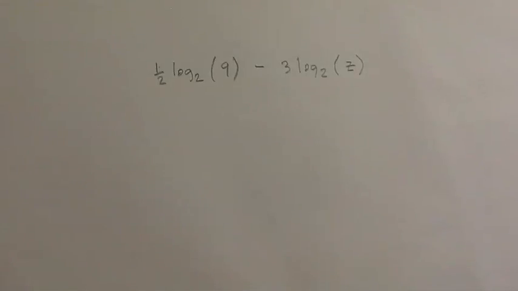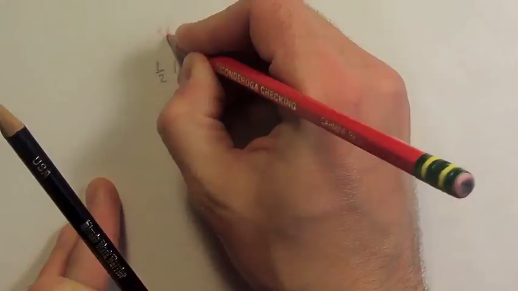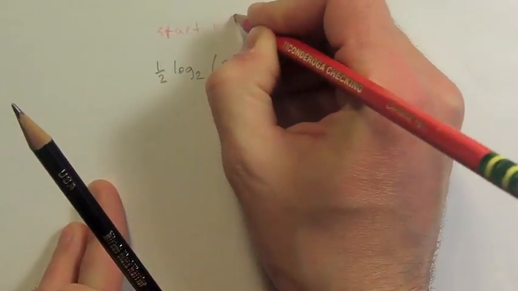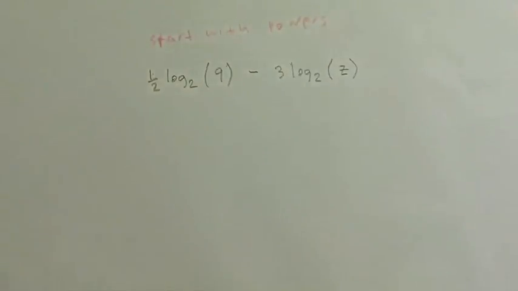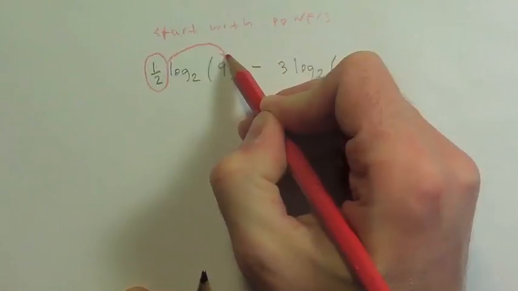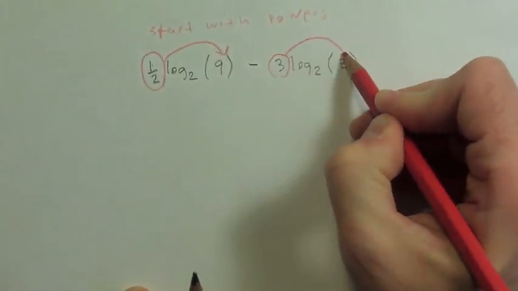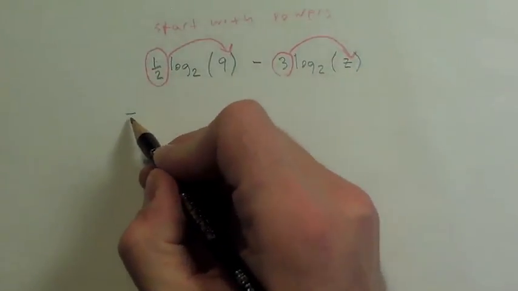We go in the opposite order. We're going to start with powers in this case, which tended to be our last thing last time. So for every constant I have on the outside, I'm going to move it inside of the log.